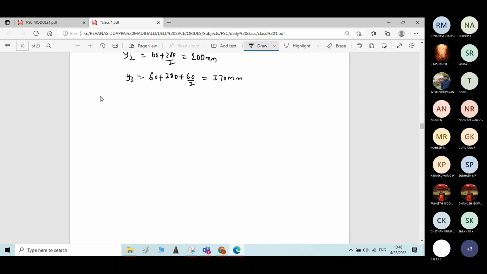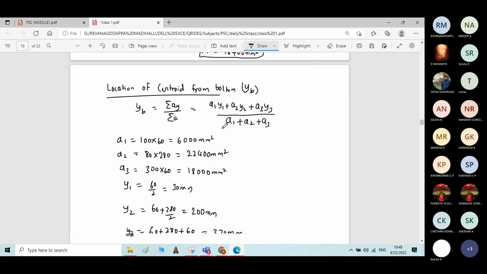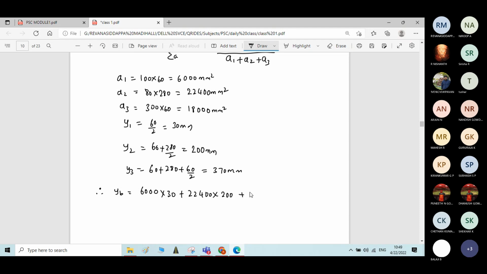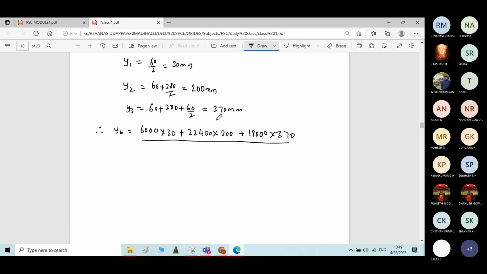Therefore, you can calculate the YB now. Substituting all the values, A1Y1, that is 6000 into 30, plus A2Y2, 22,400 into 200, plus A3Y3, 18,000 into 370, divided by A1 plus A2 plus A3, or total area.